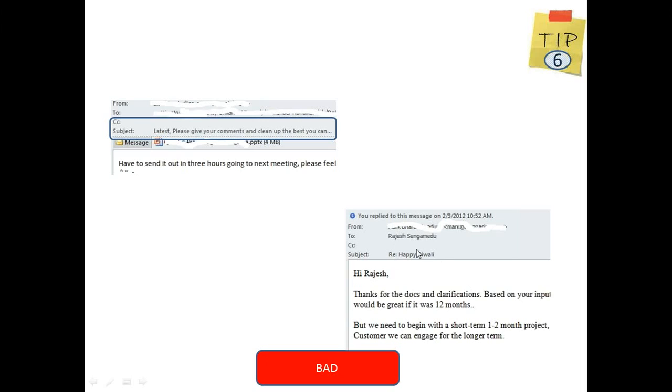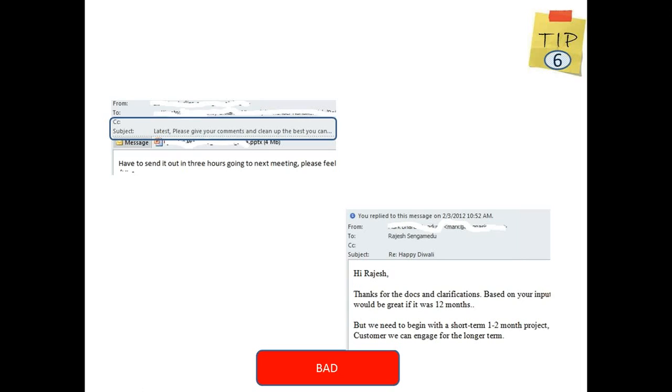Now what happens when you get a mail like this? First of all, it may go into your trash or junk mail automatically because of your mail filters. Second thing is, I may actually not be in a position to think that this is an important mail for me, and many people do set up their own personal filters.